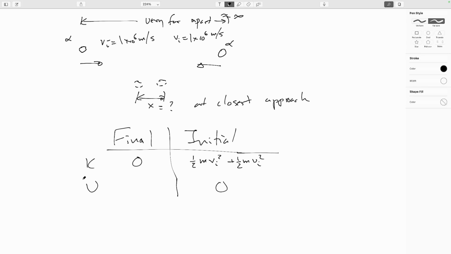So at closest approach, it's going to be K times the charge of one alpha particle. An alpha particle has a charge of plus 2e because it's made of 2 protons and 2 neutrons. The neutrons don't contribute any charge, the protons do. So this will be K times 2e times 2e over my separation x.